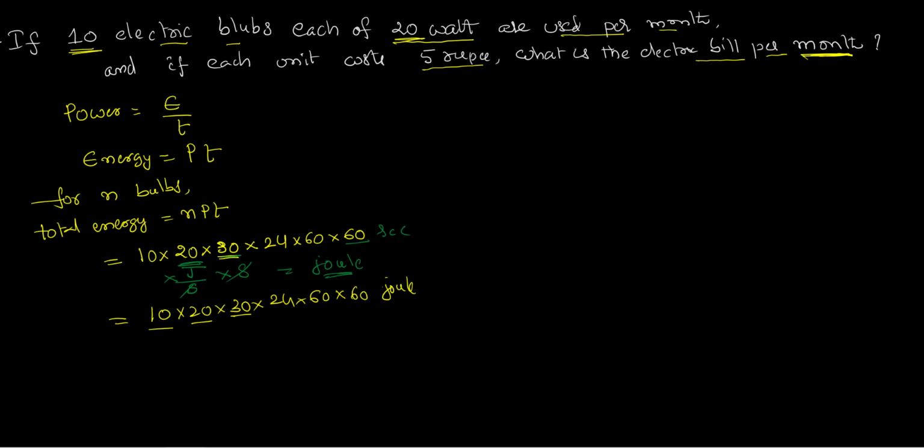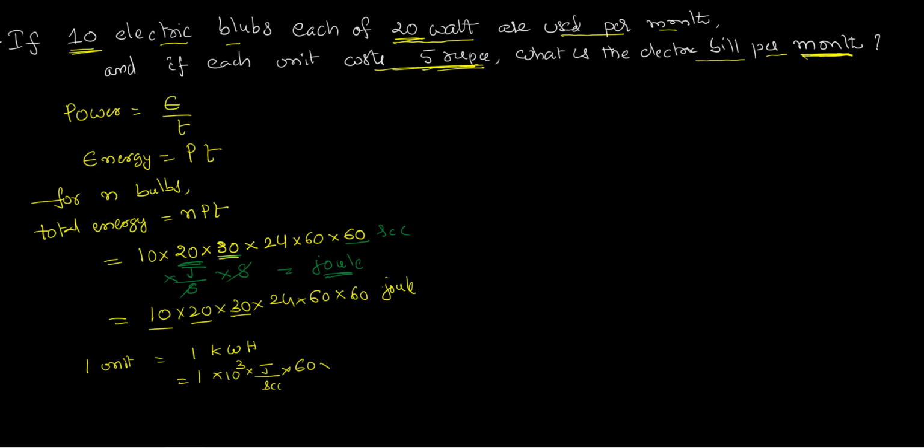But it is given that per unit it costs 5 rupees. What is that unit? Actually that unit is kilowatt hour. 1 unit means 1 kilowatt hour. What is that kilowatt hour? Kilo means 10 power 3. Watt means joule per second.